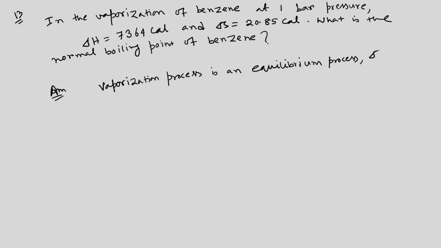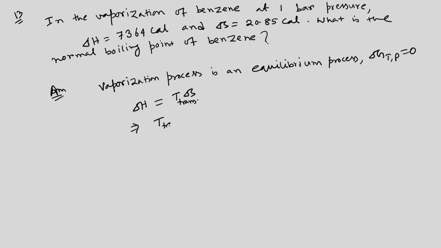So, delta G at constant T and P is 0. So, it says delta H is T delta S. So, T here is the transition temperature, which is nothing but the normal boiling point of benzene. Normal means we are considering 1 bar pressure here.